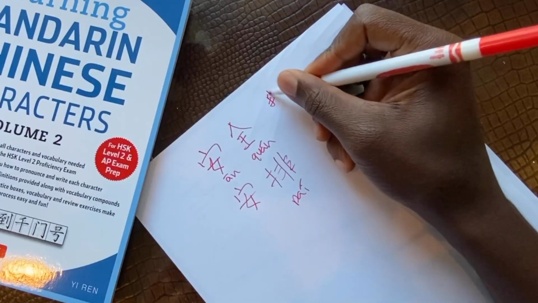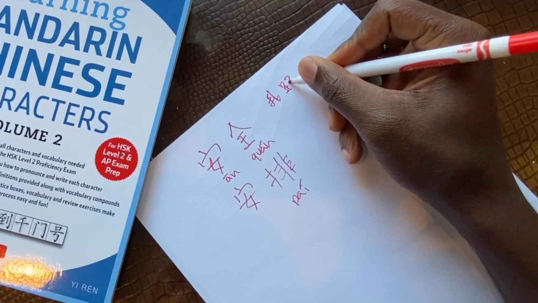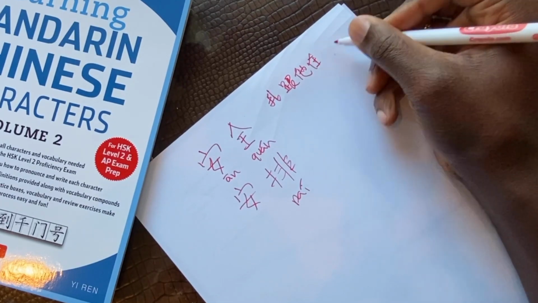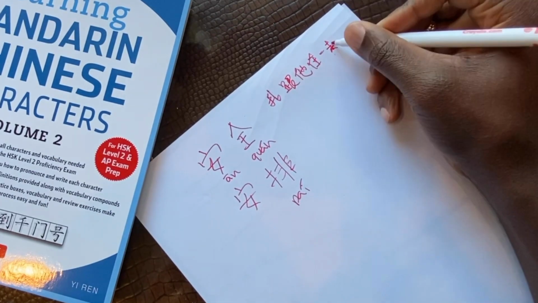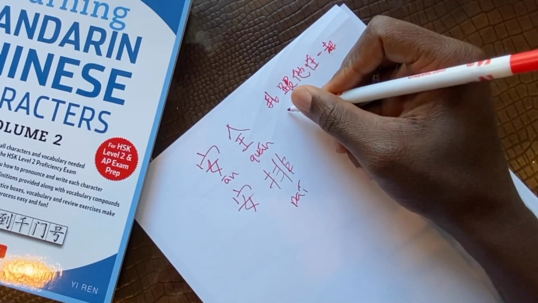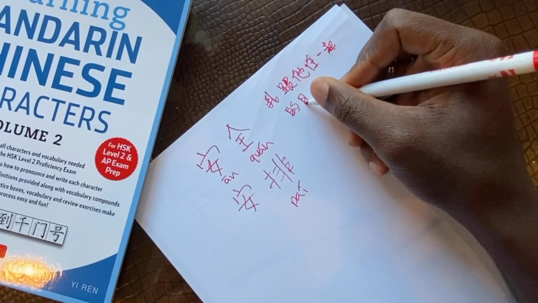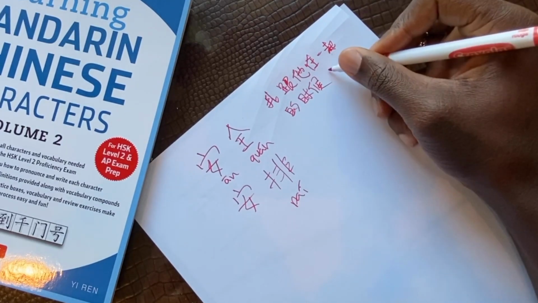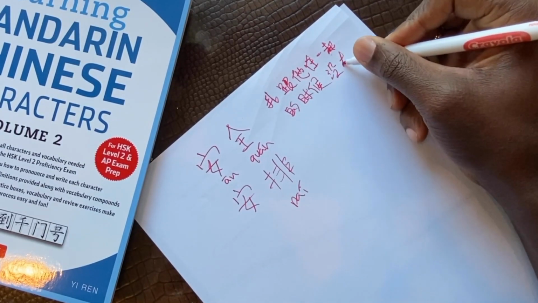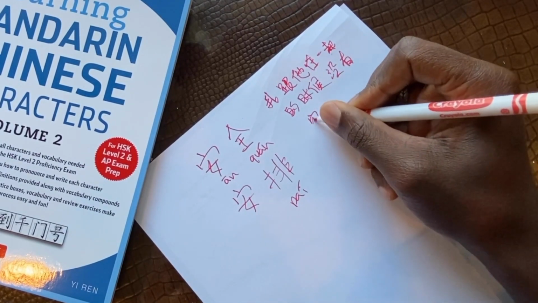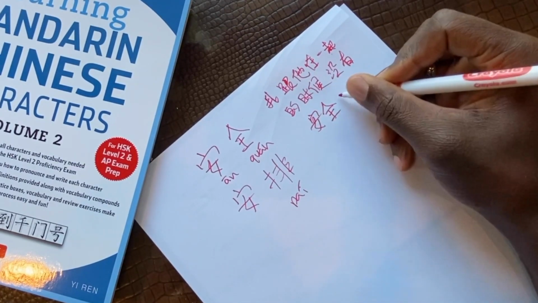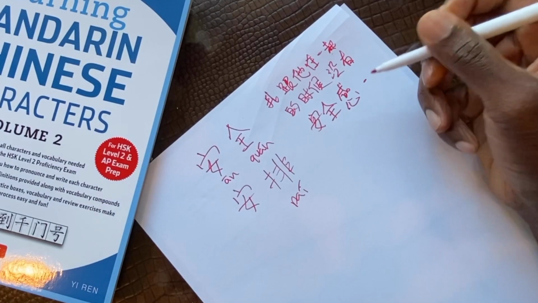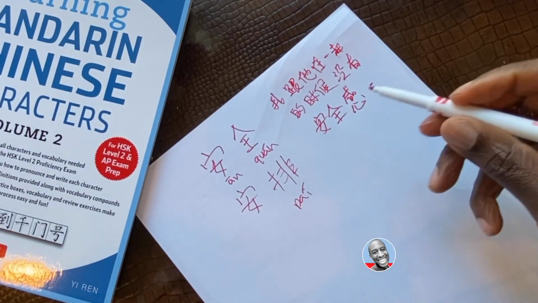How about this? 我跟他在一起的时候，没有安全感。安全感 means feeling. Heart radical. So I don't feel secure, or I don't feel safe when I'm with him. I don't feel too secure when I'm with him.